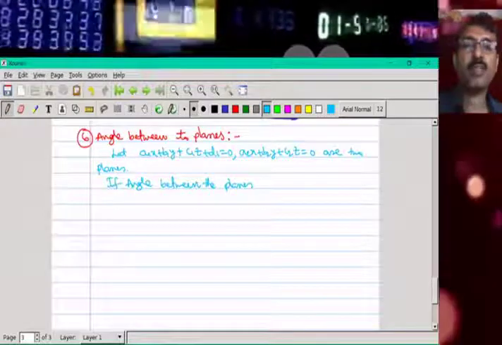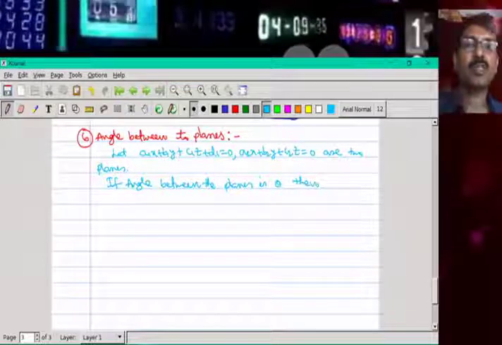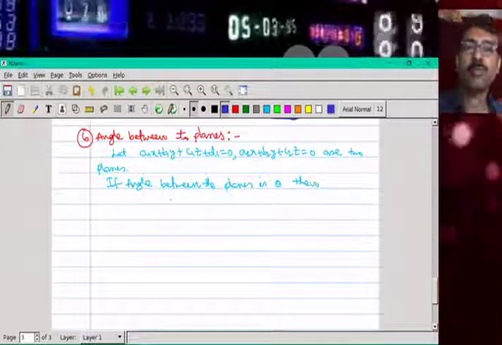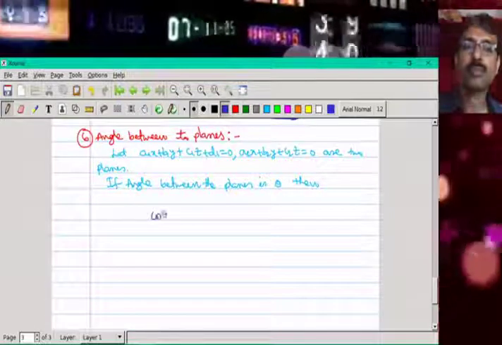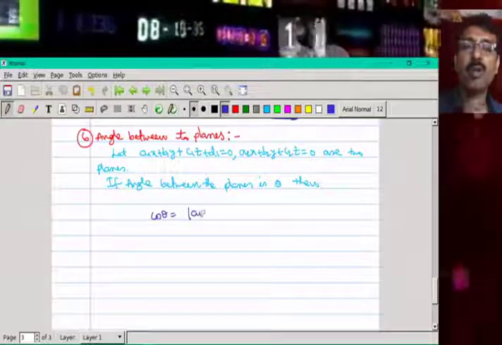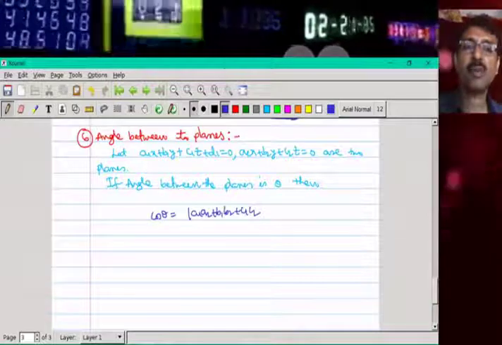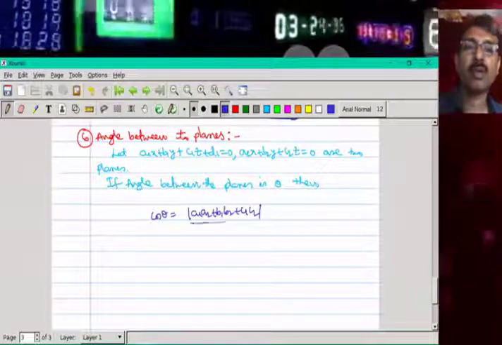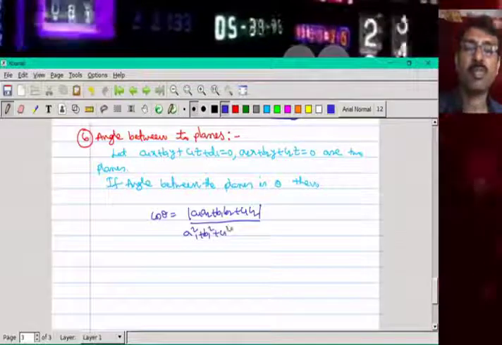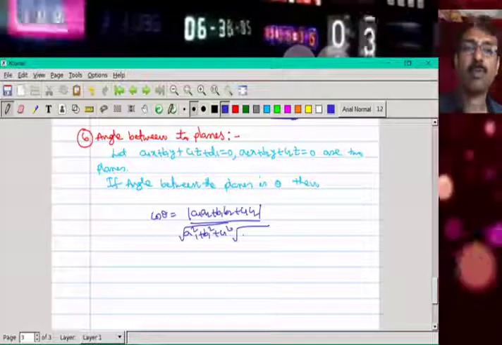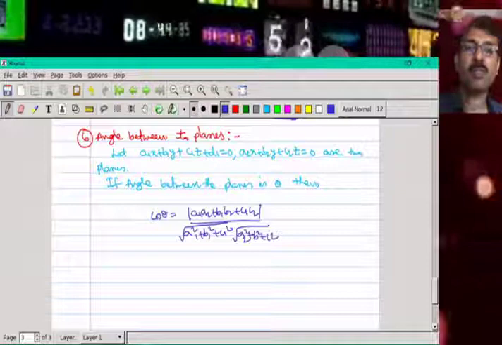If the angle between the planes is theta, then cos theta equal to mod of a1 a2 plus b1 b2 plus c1 c2 by under root a1 square plus b1 square plus c1 square into under root a2 square plus b2 square plus c2 square.